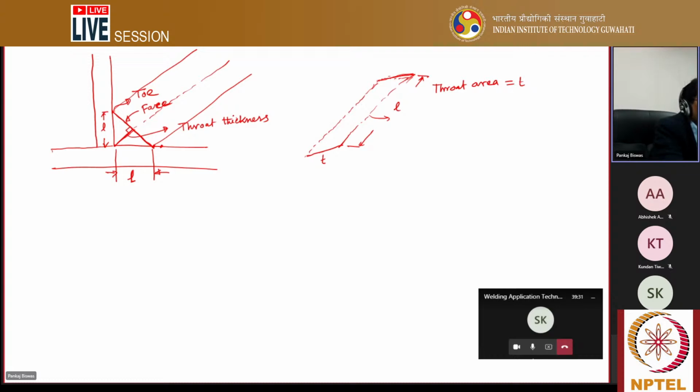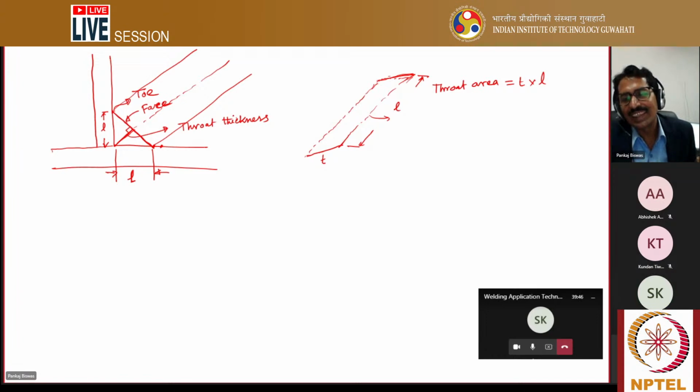Length into width is called the area of a rectangle, correct? So T into length of the weld. So throat area means throat thickness into length of the weld. That is the throat area. Is it clear? Very simple.